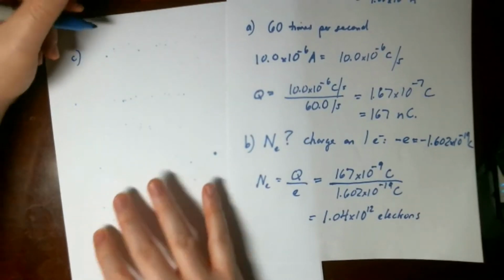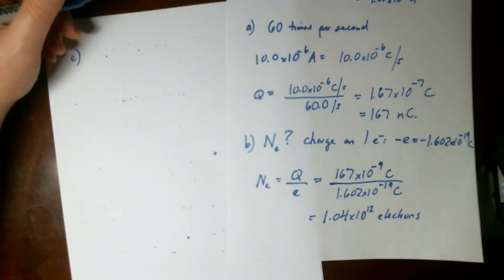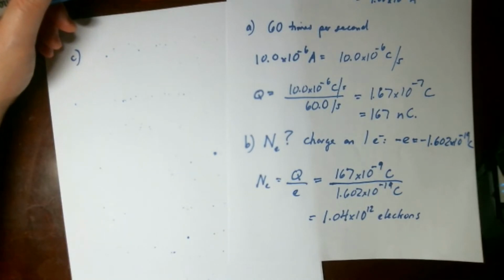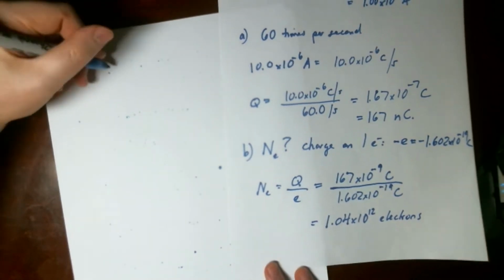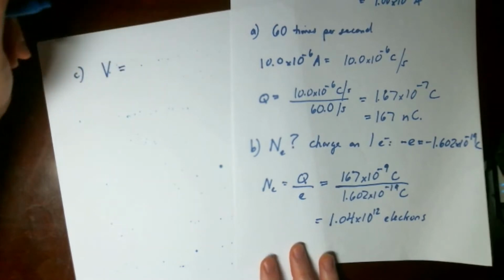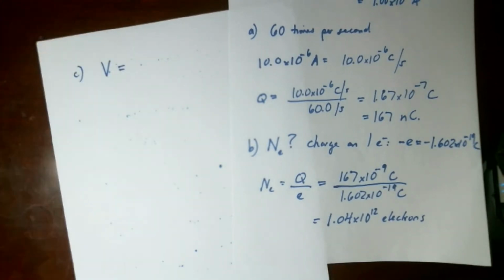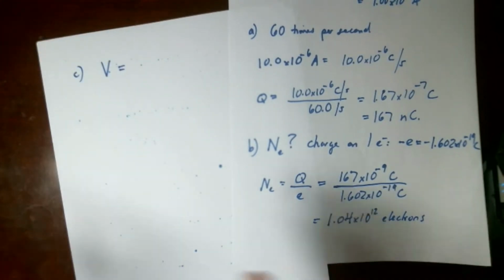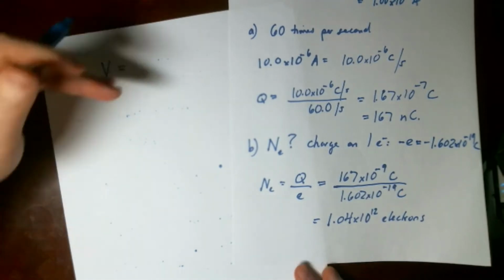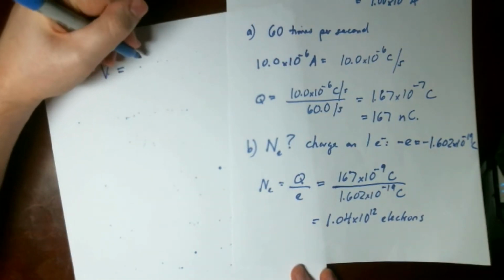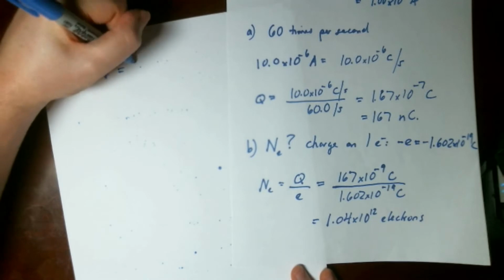Part C, average voltage driving the electrons on a CRT display is 27.0 kilovolts. So the voltage of the cathode ray tube, that is the potential difference that the electrons are accelerated through until they strike the screen, is 27 kilovolts, or 27,000 volts.